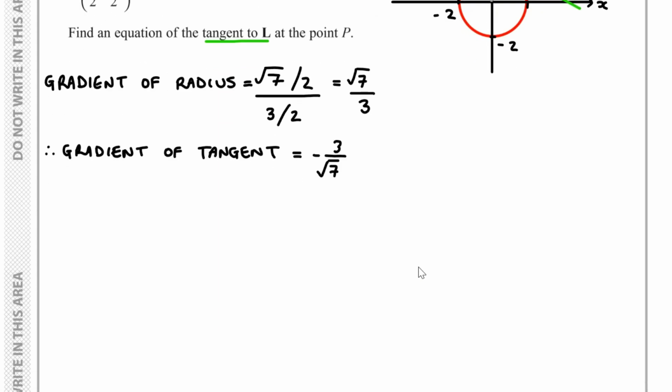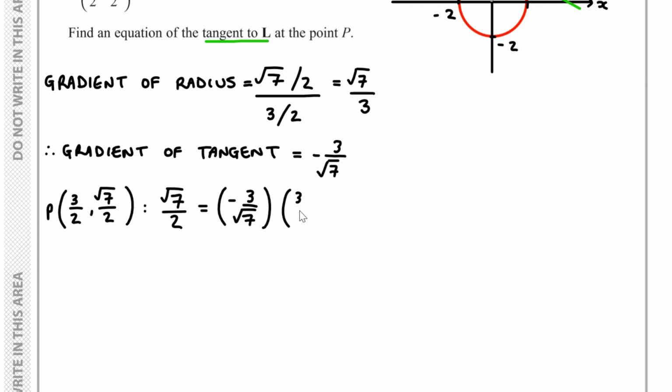Now, if we consider the point P with coordinates 3 over 2 and √7 over 2, we need to find the equation of the tangent. So we can use, of course, y equals mx plus c. We've got y, which is √7 over 2, equals m, which is minus 3 over √7, lots of x, which is 3 over 2, plus c. And we need to find out what c is.